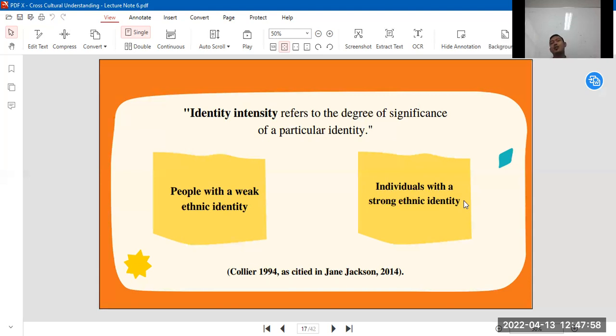While Sarah probably has a weak ethnic identity. She feels under pressure, and because she wants to be attached to the community, the majority group, she tries to imitate or adapt the styles there, the habits and the culture.